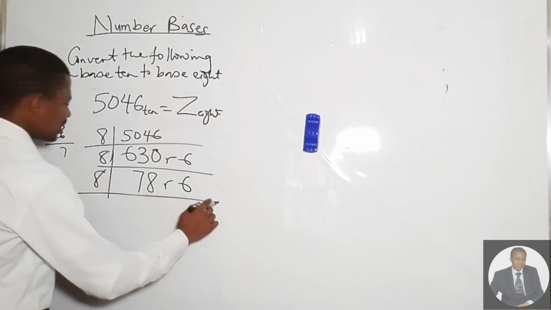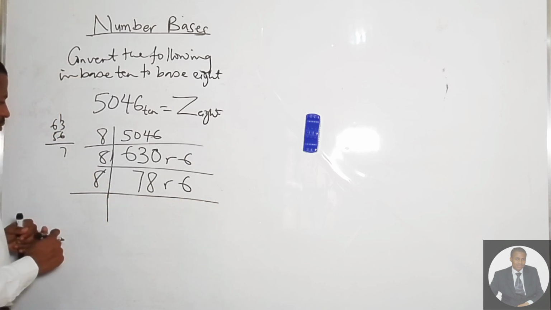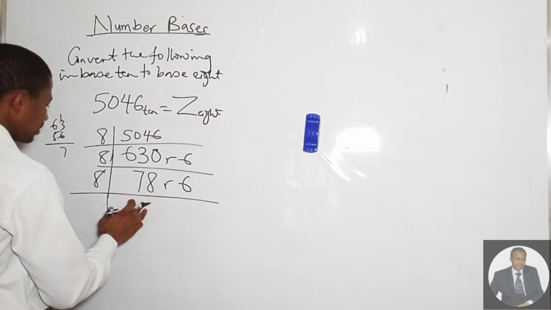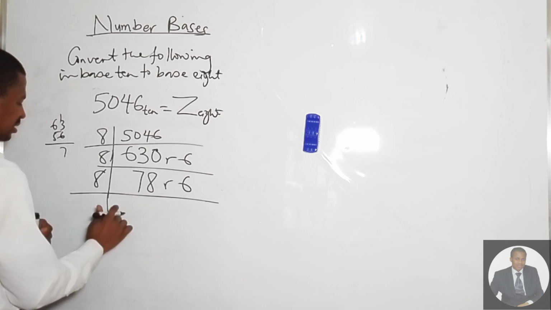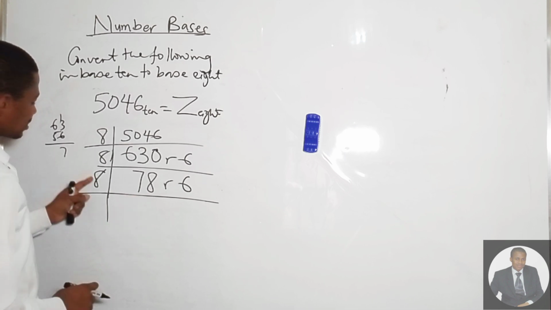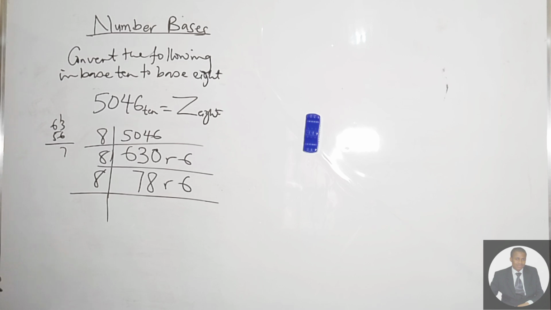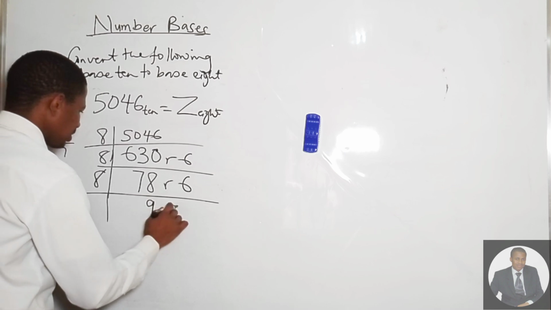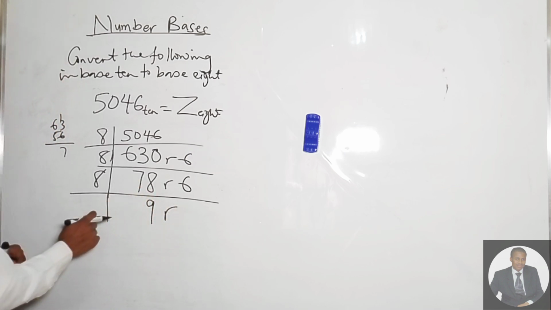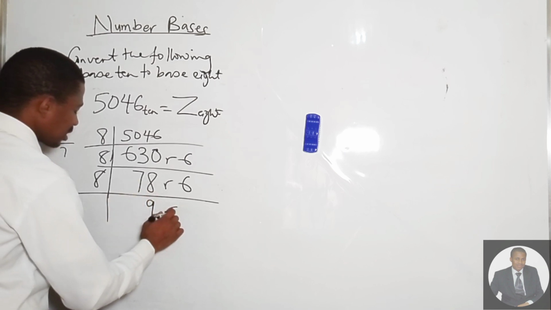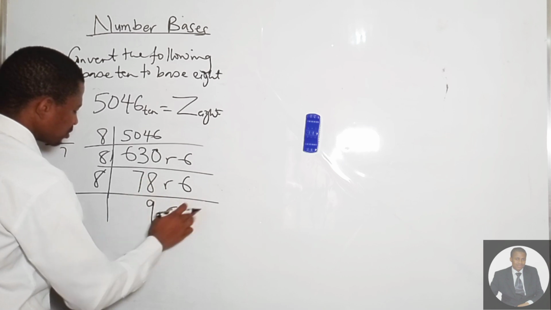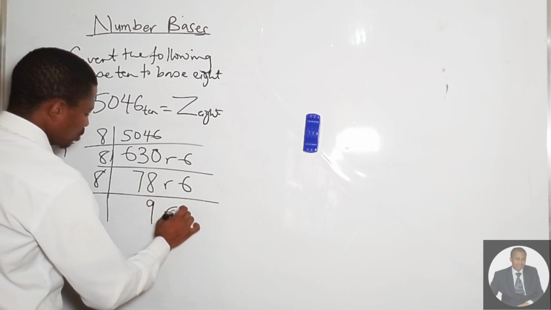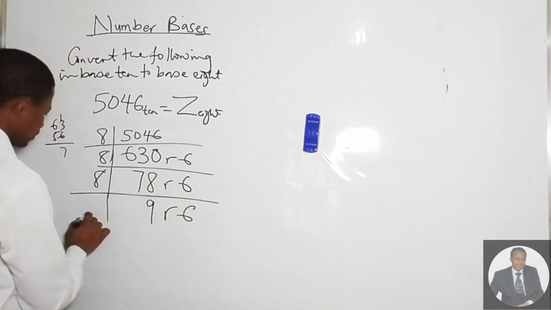How many 8s are in 78? 8 times 9 is 72, so we have 9, and 78 minus 72 leaves 6.